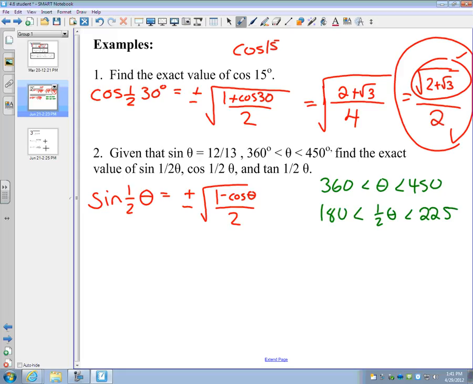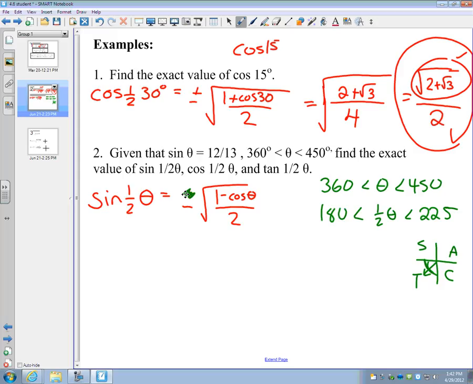So between 180 and 225, we're dealing with something right here. Looking at that, sine is actually going to be negative in that quadrant. So we don't even need to write that positive anymore. We can just move on without it.